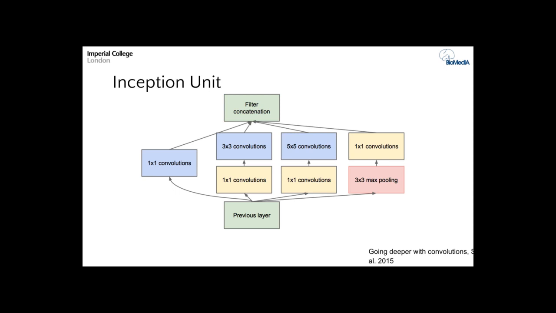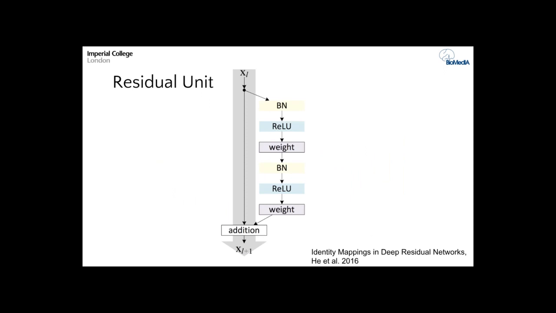There were also some tricks in order to get these to optimize on a deeper level. We've already heard about residual units. Just to have them here for completeness' sake, you will have two feature extractors, so batch norm, ReLU, weight, batch norm, ReLU, weight, and the ability to skip them. Why? Just in case these feature extractors at some point in your network are not able to extract anything useful, they would just generate noise in the network.